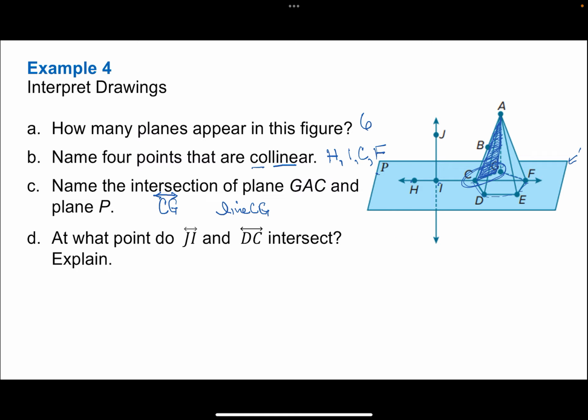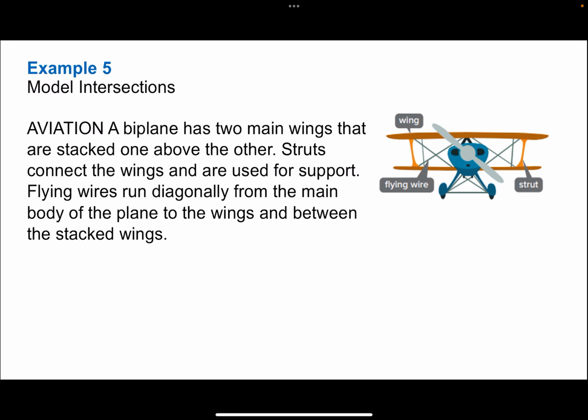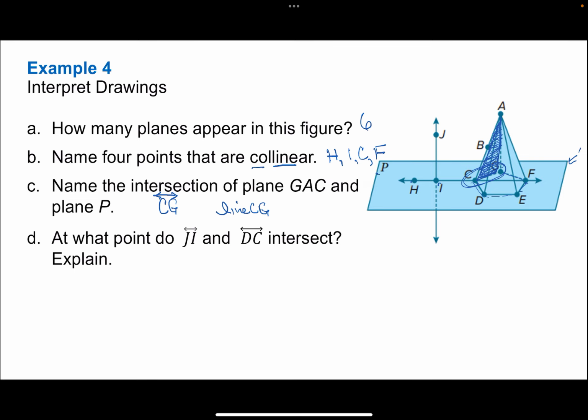All right, at what point do line JI and line DC connect? Line JI is this one, line DC is this one. So it looks like CD's on the plane and JI is going through the plane, and it doesn't appear to intersect at all. So they don't.